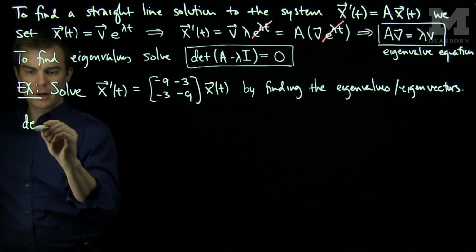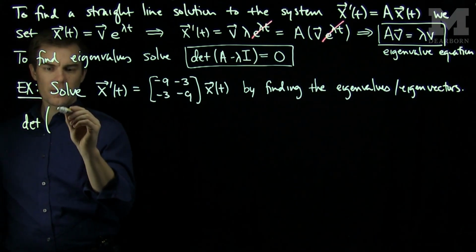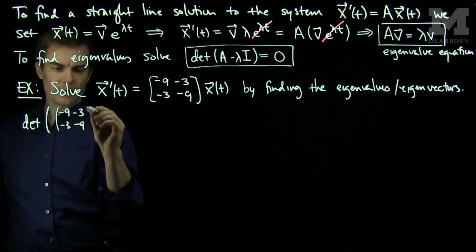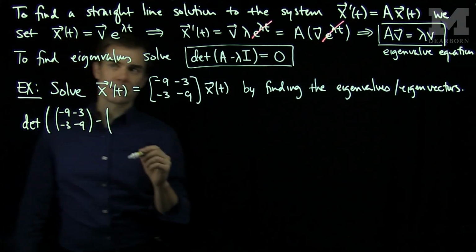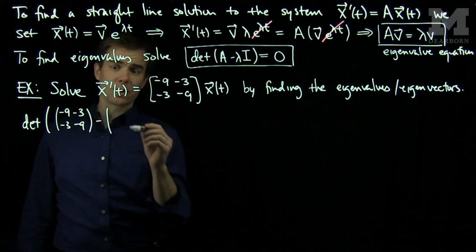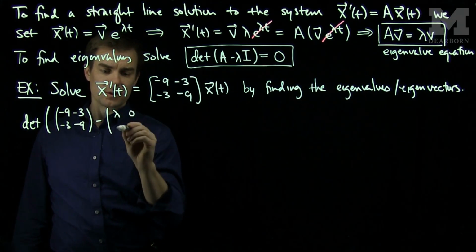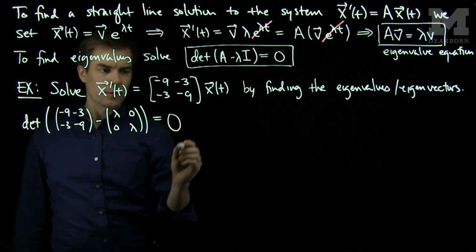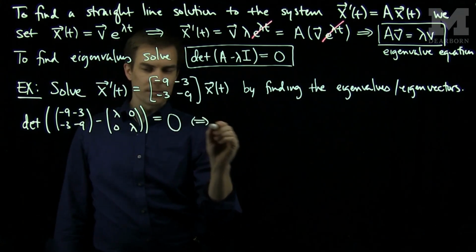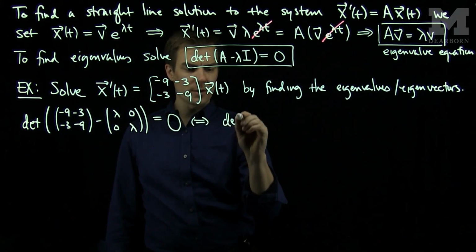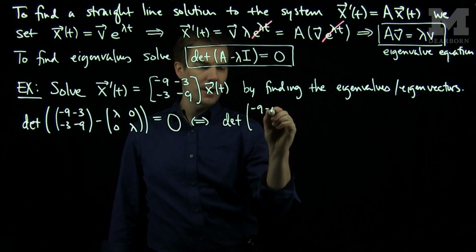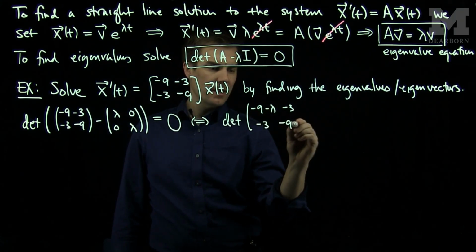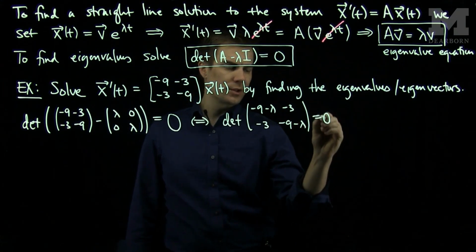We set the determinant of our matrix A, negative 9, negative 3, negative 3, negative 9, minus the matrix that has lambdas on the diagonal and 0 everywhere else, lambda, 0, 0, lambda, equal to 0. So this is equivalent to solving the determinant of negative 9 minus lambda, negative 3, negative 3, negative 9 minus lambda equals 0.